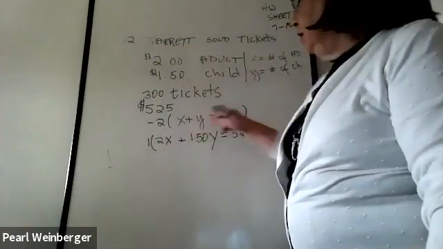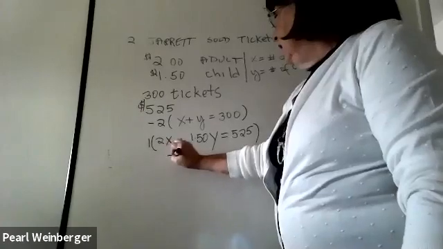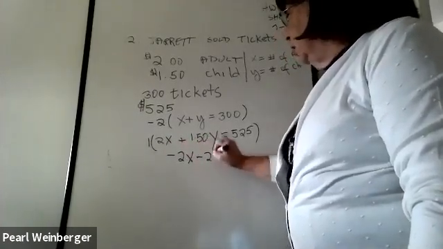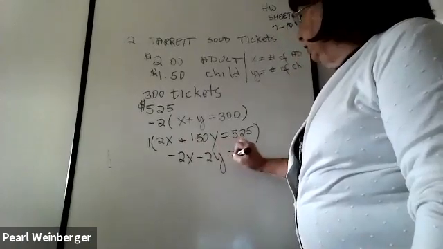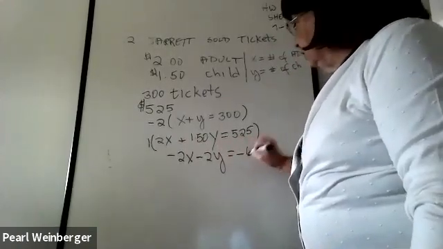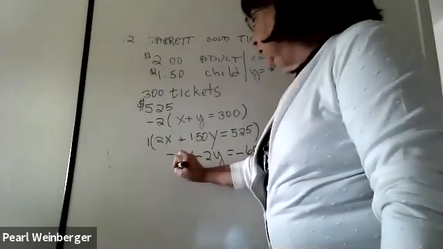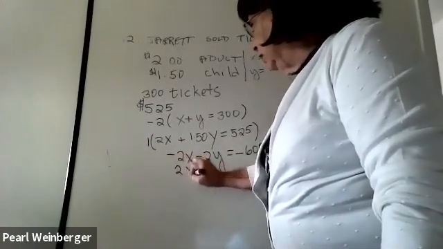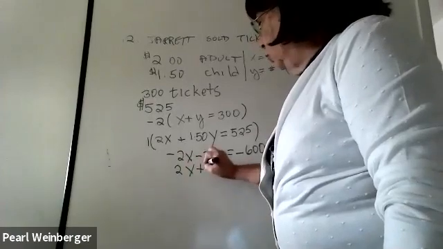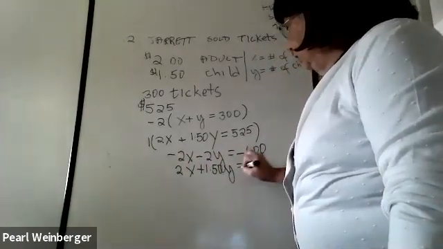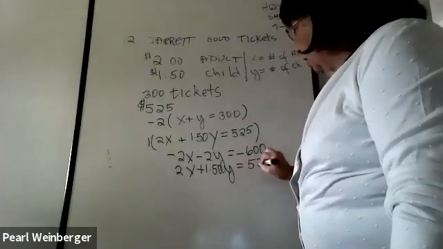So the top equation becomes negative 2x minus 2y equals negative 600. The bottom equation stays 2x plus 1.50y equals 525.